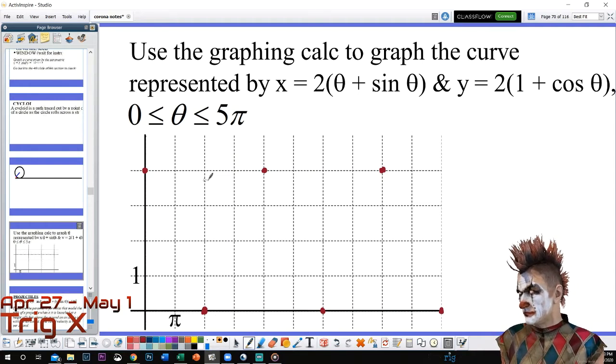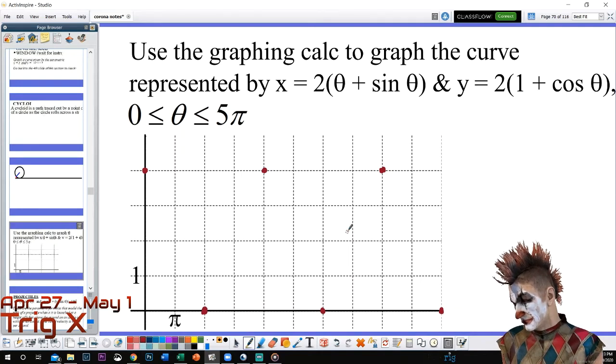Alright, now this doesn't give me quite as much information as I was hoping. So maybe I would type in something for my t step so that it's something a little bit smaller. Maybe 0.5. If you do that, you'll get this. You get some dots in between here. And then it starts to look like you would expect it to look.